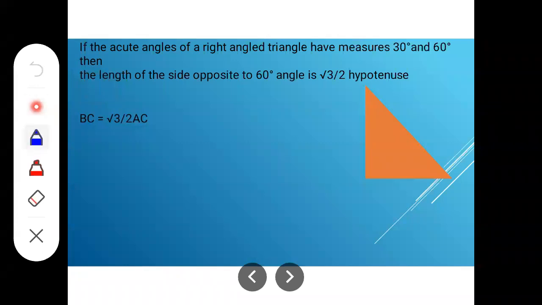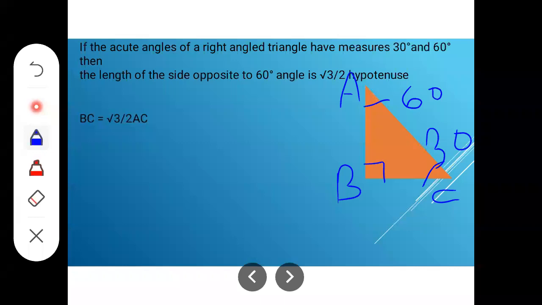Again, for the diagram, here I have mentioned the names of the vertices: this is A, this B, and this one C. And as we know, this angle is 60 degrees. This one is 30 degrees, angle C, and B is 90 degrees.